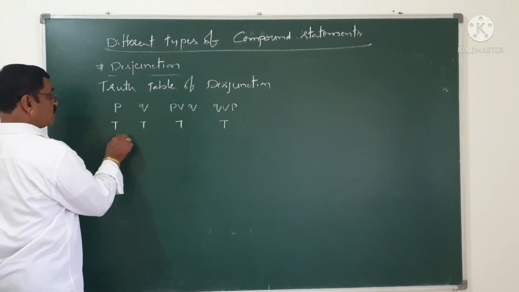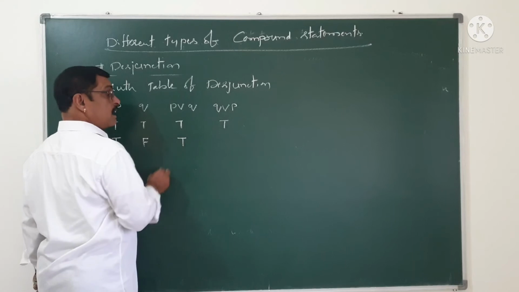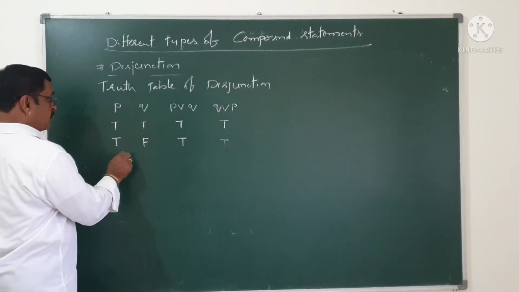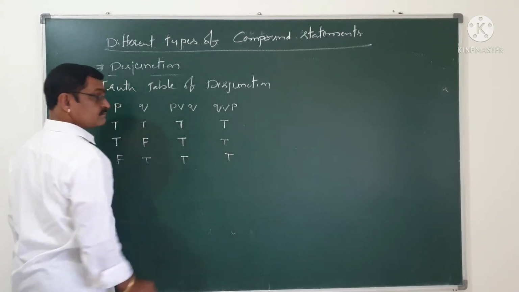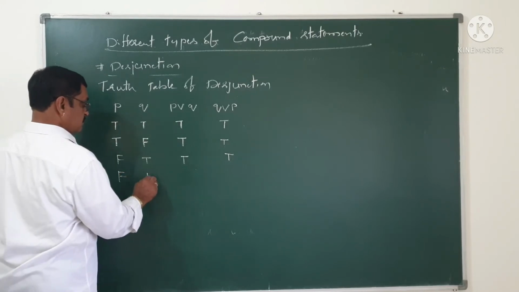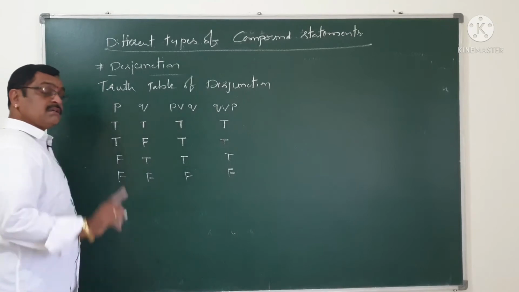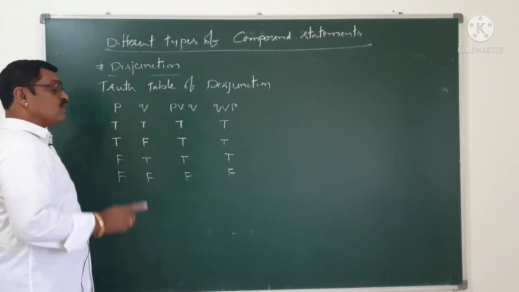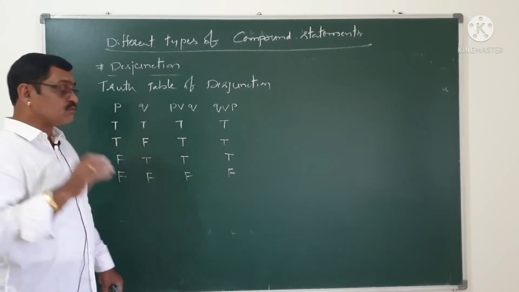If this is true and the next one is false, their combination with OR is true, either this or that. If this is false and that is true, then this is true, this is also true. When will it be false? If both are false, then their combination with OR is also false. So the statement is false only when both are false. In all other cases, this is true.